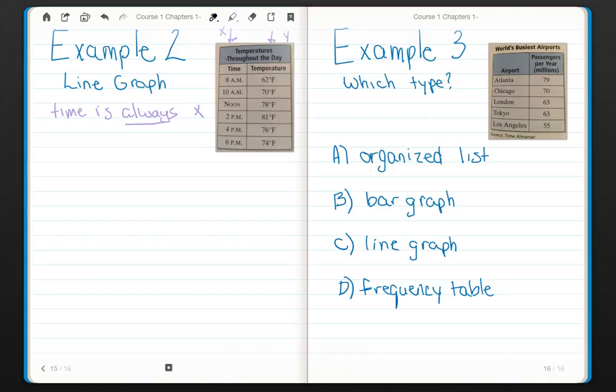So this graph needs to have the same things as our bar graph. It needs to have a title, temperature, and I'm going to abbreviate temp through the day. It needs an x-axis and a y-axis.